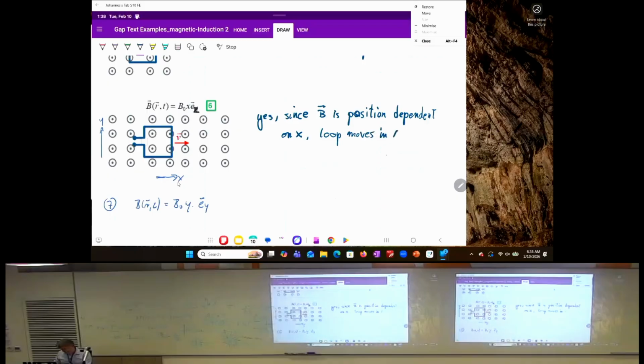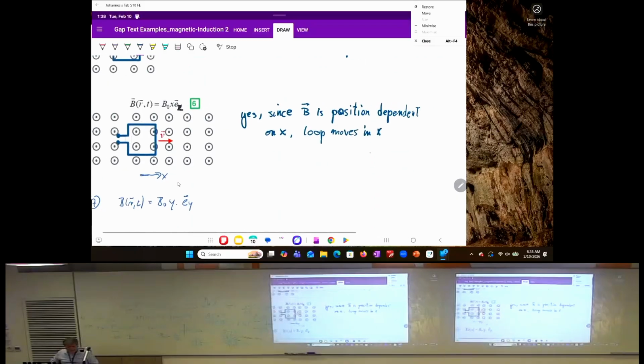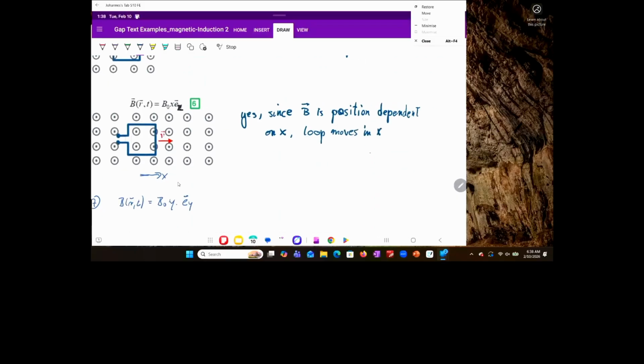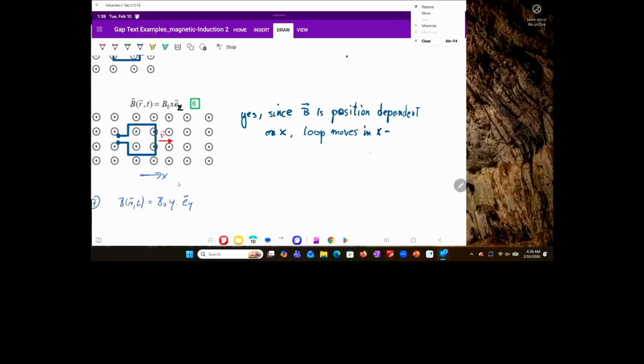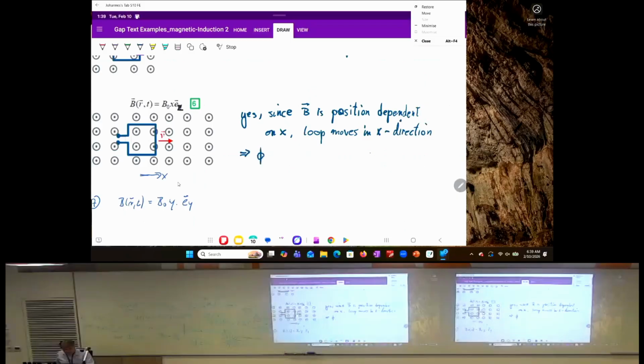Of course, how strong the voltage will be induced depends on the speed of the loop, how fast it is moving in x direction, and on the local gradient of the field. Therefore, the phi inside the loop changes. So this is a motional induction.